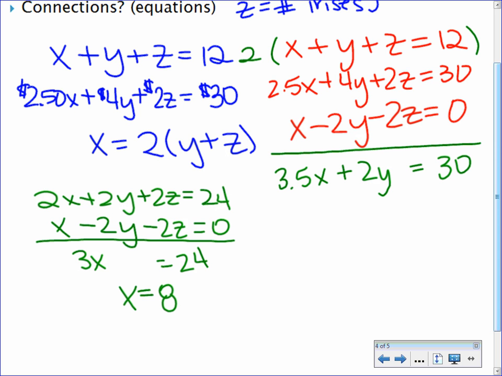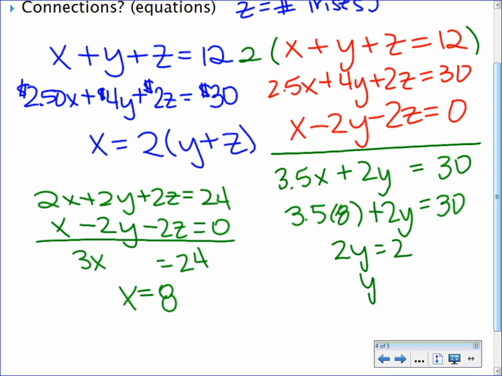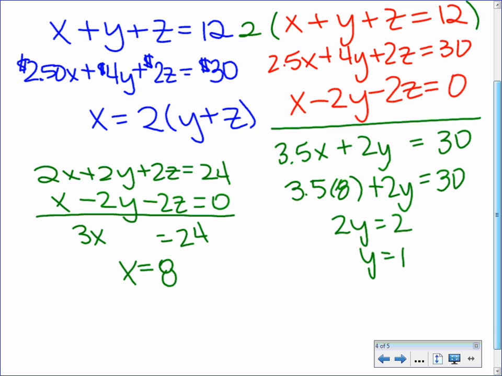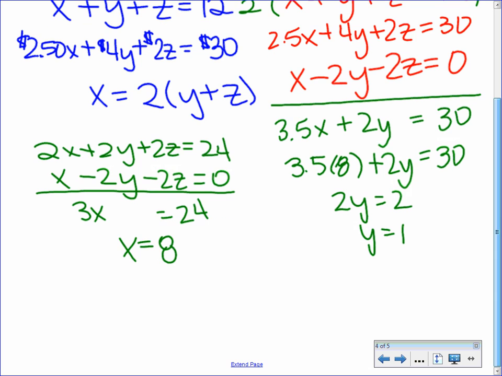Alright, which means we can come back here to this other equation and figure out what y is, correct? What's 3.5 times 8? Oh, sure. 28. So 2y equals 2, which means y equals 1. Now, what equation do you want to use to find z? The first one, x plus y plus z equals 12.